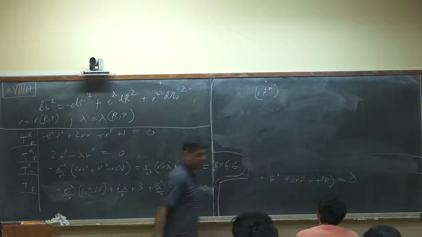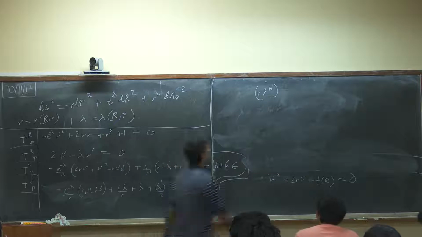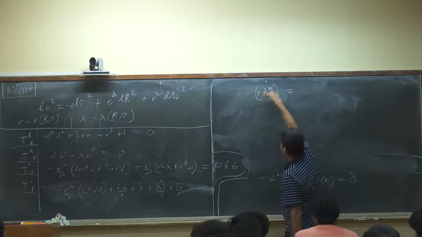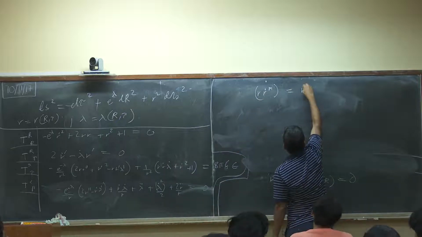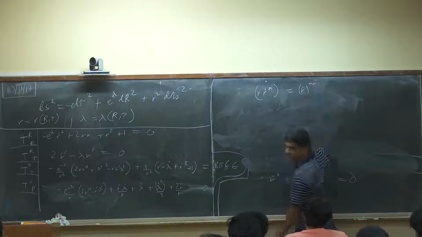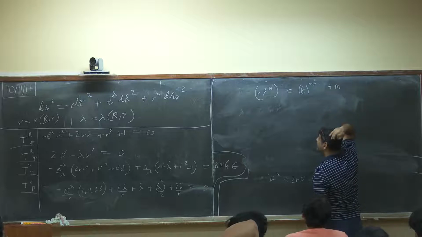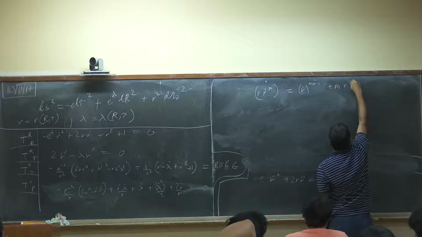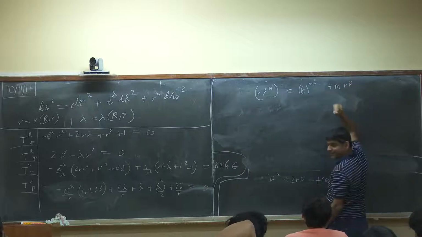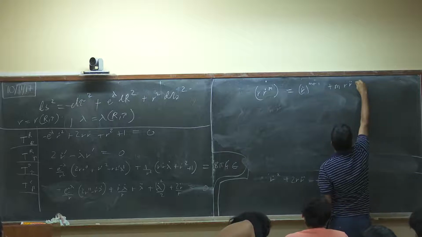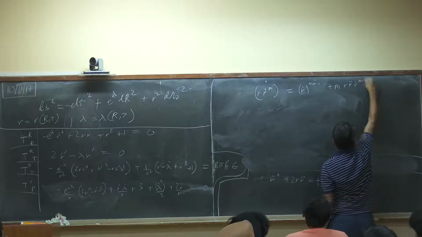What will I get? The first term is r dot to the power m plus 1, and the second term will be plus m times r double dot times r dot to the power m minus 1.